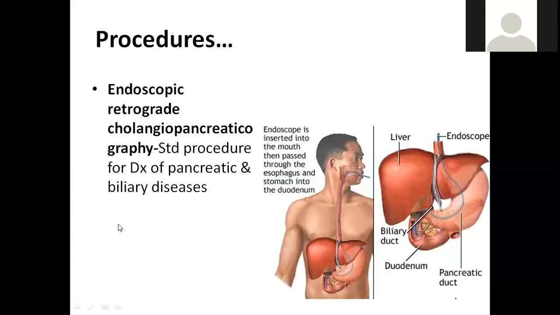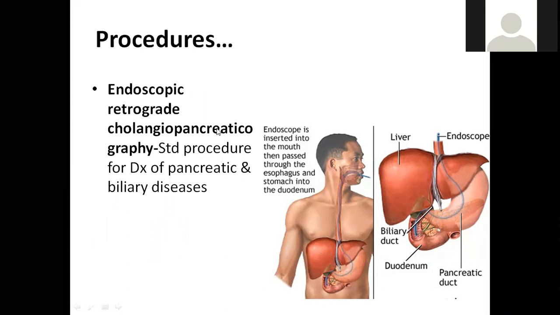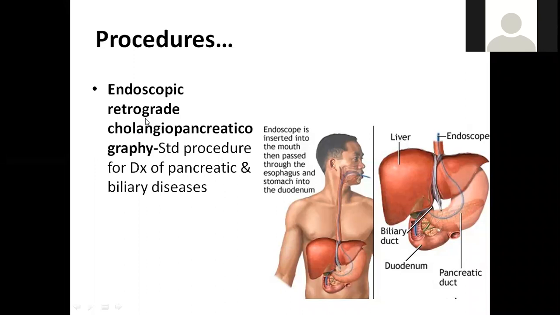There is one technique you should know: endoscopic retrograde cholangiopancreatography, ERCP. What does it mean? Through the endoscope, we are able to see the cholangio, in the sense of the extrahepatic biliary apparatus, and also the pancreas.